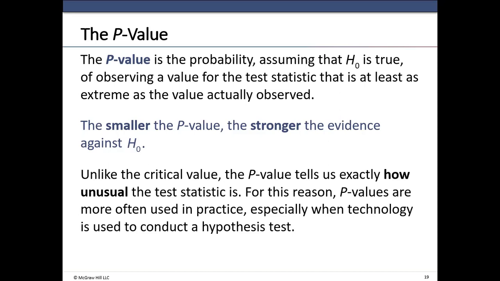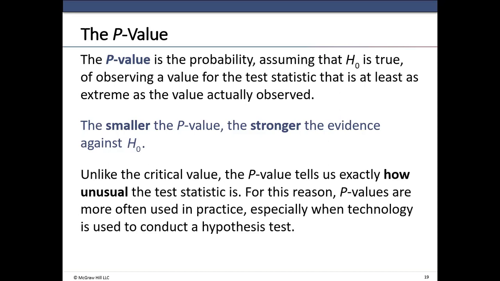It's the difference between the sample mean and the hypothesized population mean, standardized, or divided, by the standard deviation of the sampling distribution of X bar. So the idea is to take that difference and divide by the standard deviation of the sampling distribution. And we will calculate a test statistic.